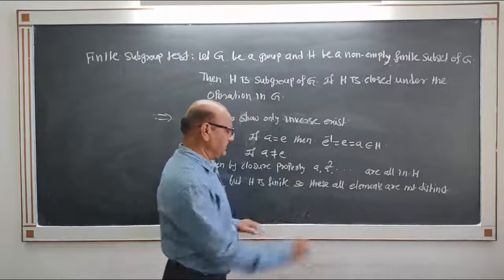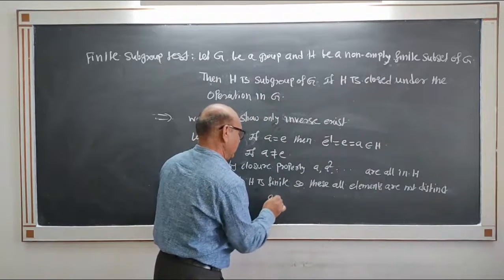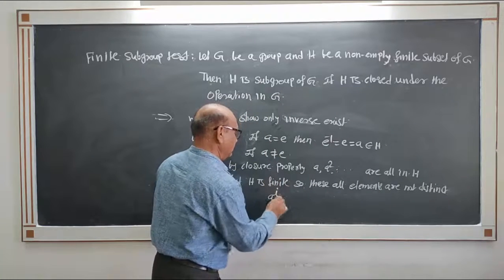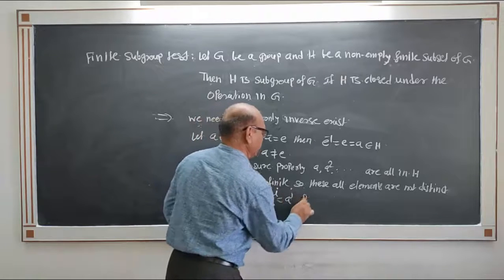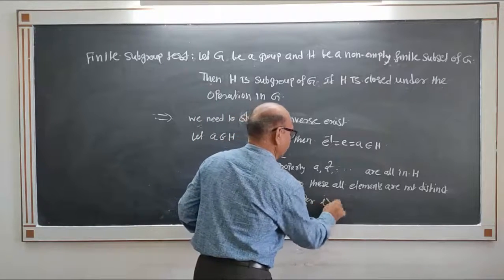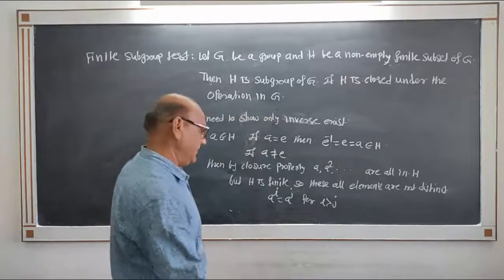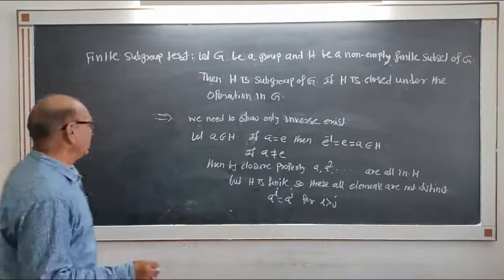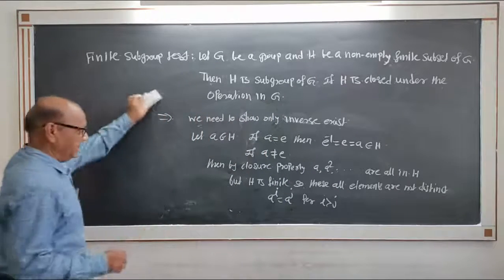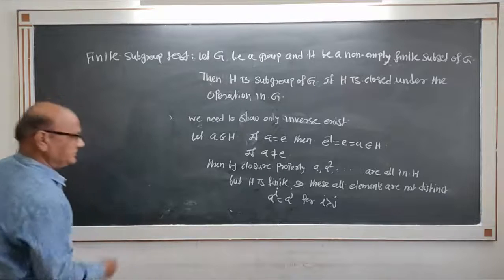There must be duplication. Therefore, A raised to I is equal to A raised to J for I greater than J.